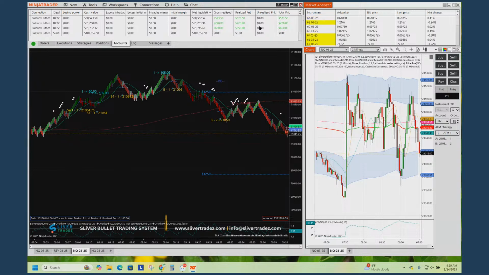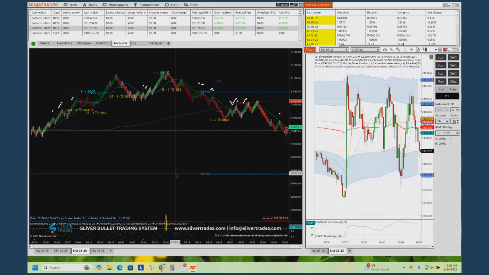So this is how we try to pass evaluations. These have a decent amount of profit in them, and we try to avoid losing this. We try to avoid this kind of trading in a funded account.